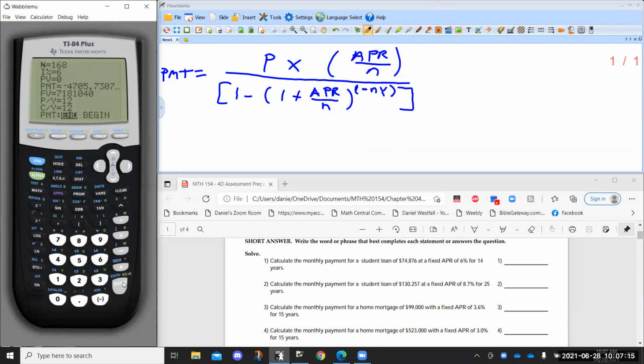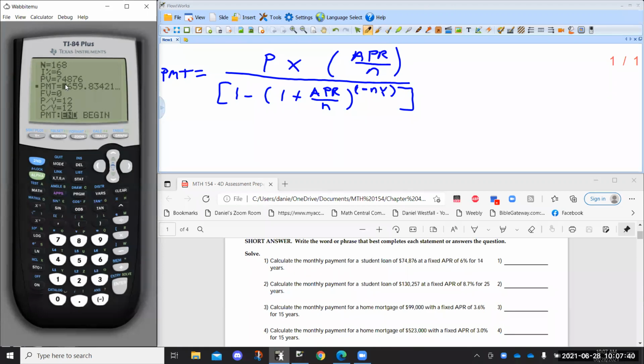Right now, it's got a value of $74,876. You want it to have a final value of $0. Interest calculated 12 times a year. You're going to make 12 payments a year, and we're going to alpha solve that. And we figure out that we have to make a payment.